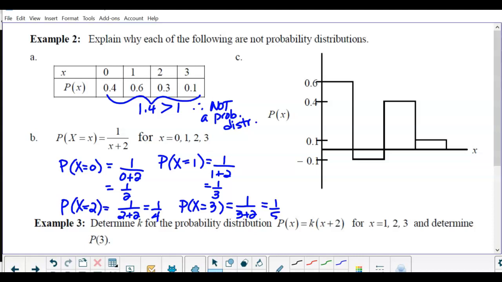You add those together, you get more than 1, right? So the common denominator would be what? 60. So that'll be 30, plus 20 is 50, plus 15 is 65, plus 12 is 77 over 60. So again, greater than 1, therefore not a probability distribution.